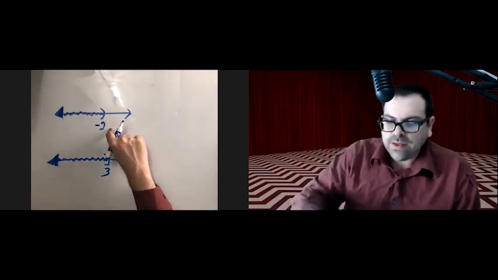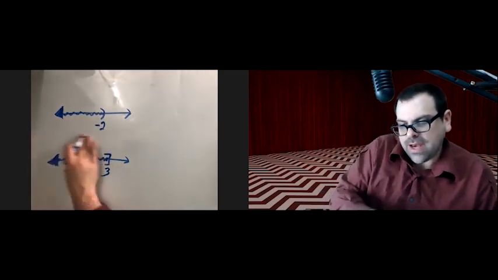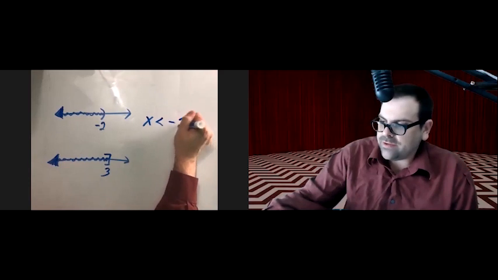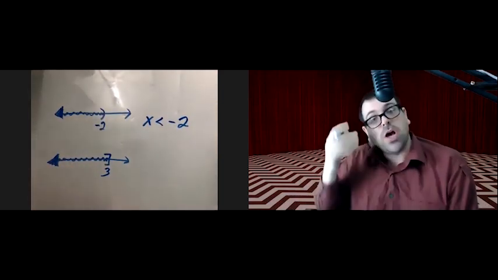So this, the shading is everything less than -2. X is less than -2. It's not equal to because it's a parenthesis and not a square bracket.